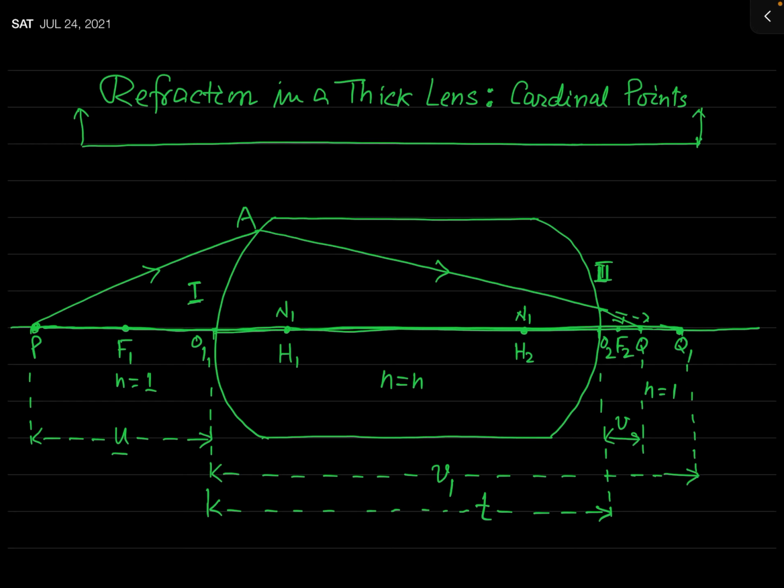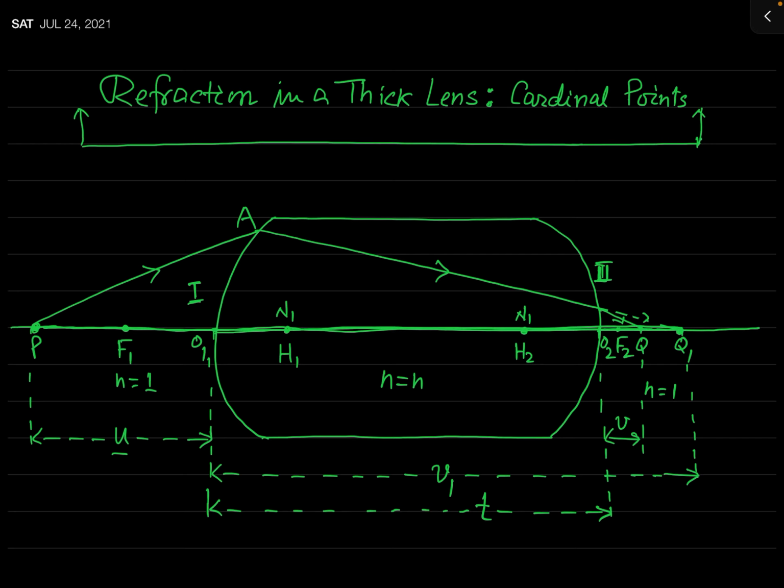Now Q1 acts as an object for the refraction at the second surface, so its distance from the second surface, that is, the object distance for the second surface, will be O2Q1, as you can see in this figure.